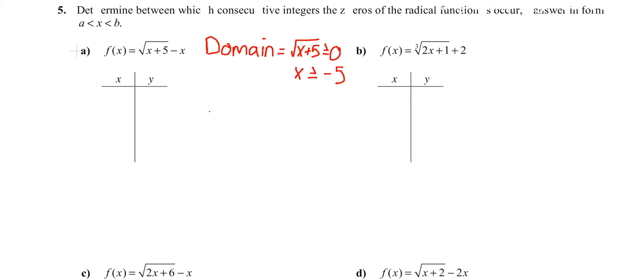So we know that our points are going to have to be, we can choose negative 5, obviously, and what we're wanting to do is find a point where the positive y's and the negative y's are, between those 2 points. So we need to pick points.